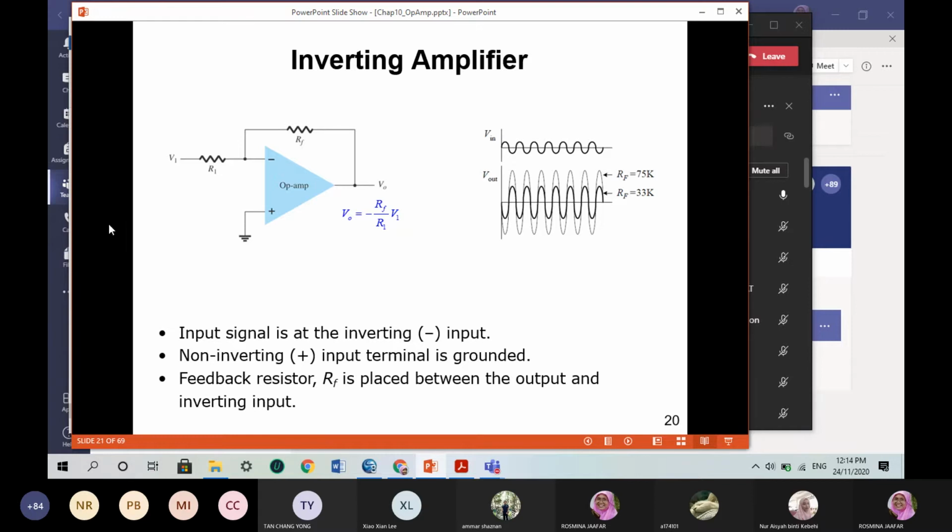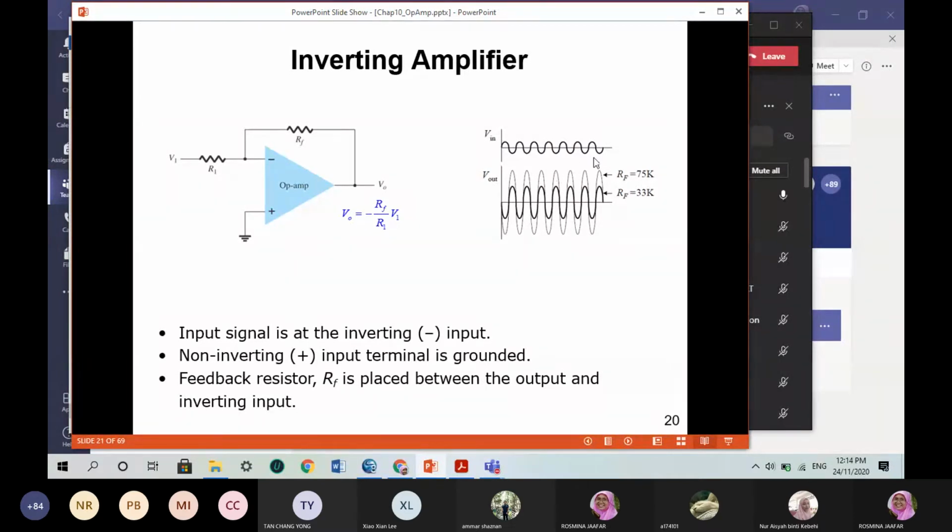Okay, so here basically the inverting amplifier, when you have V1 applied to the negative input terminal, the inverting input, you will produce VO equals RF divided by R1 multiplied with the value of your Vin, which is V1 here.